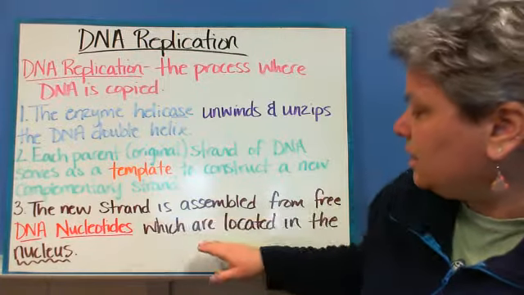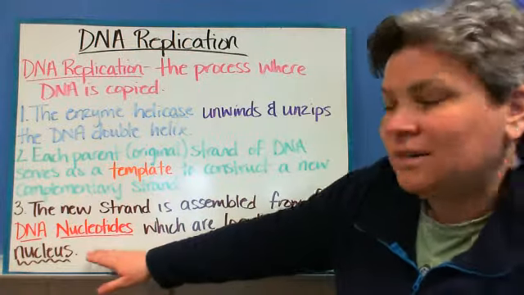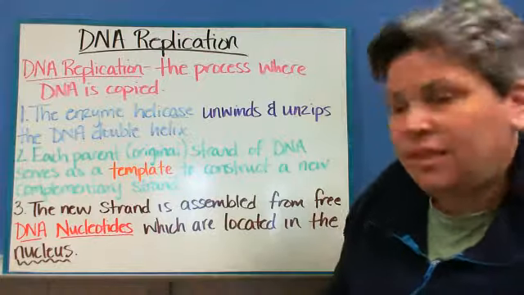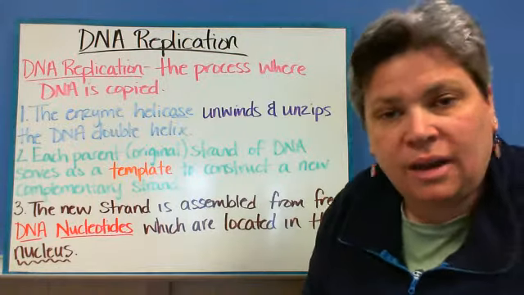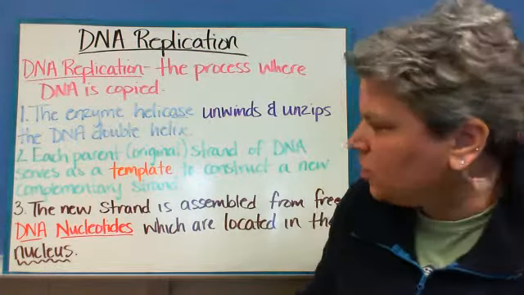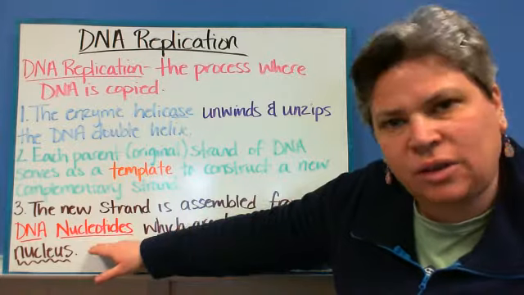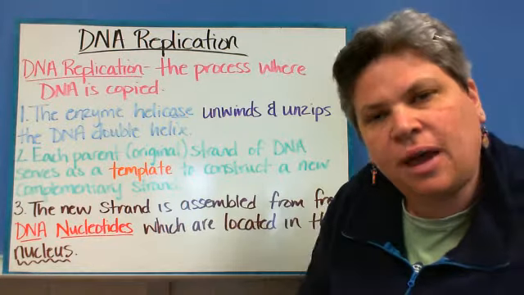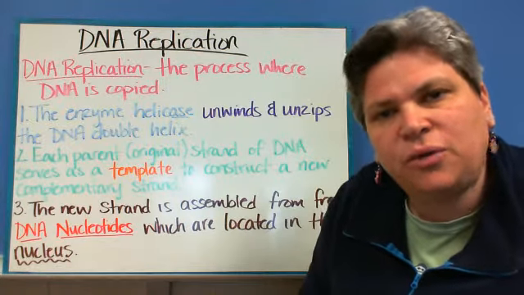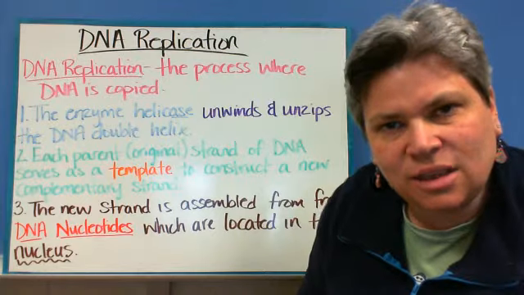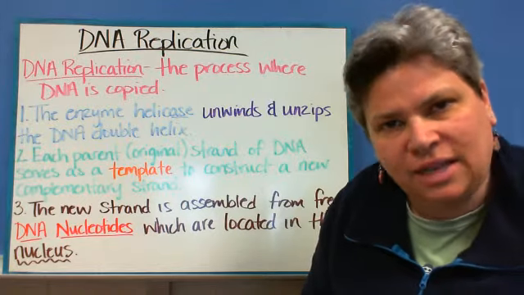The new strand is assembled from free DNA nucleotides that happen to be floating around and hanging out in our nucleus. So the question comes, where do these DNA nucleotides come from? Well, think about it. When we eat food, the foods that we eat are living things. Those living things also have DNA.